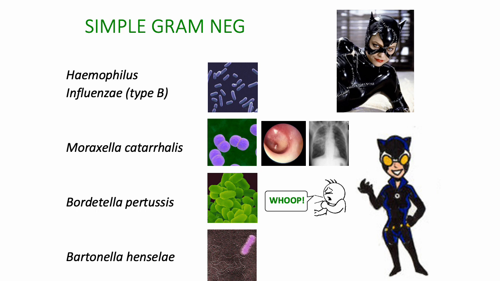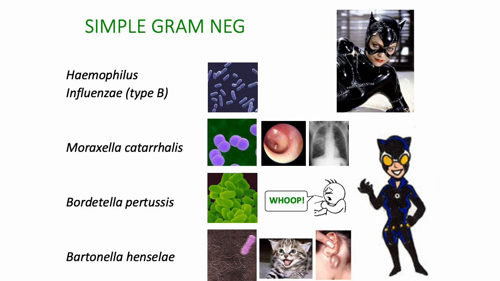And then Bartonella henselae is the bacteria for cat scratch fever, another reason to use Catwoman here. The common story is a patient gets scratched at home by a baby kitten, then has tracking erythema up their arm and a lymph node on one side that's enlarged. So again, that's a simple gram-negative that we could treat fairly easily.